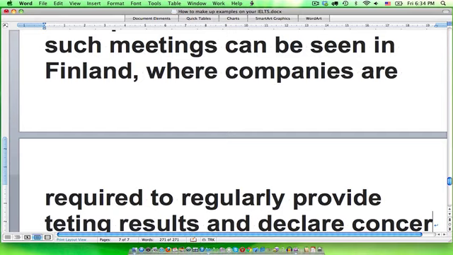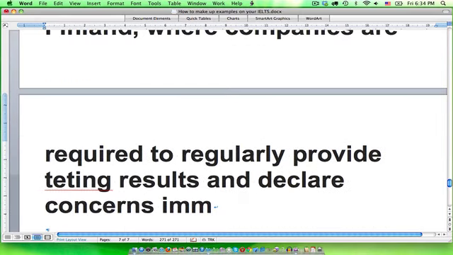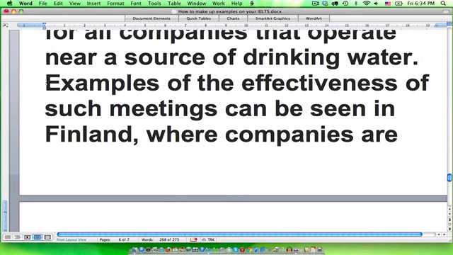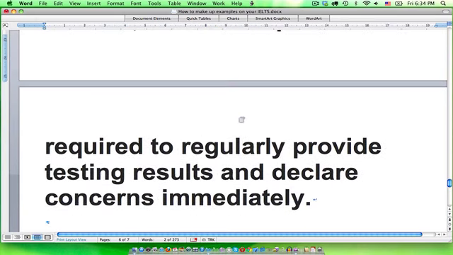So declare concerns immediately. Okay. So examples of the effectiveness of such meetings, again, piece of cohesion linking back to the sentence prior, can be seen in Finland, where companies are required to regularly provide testing results and declare concerns immediately.